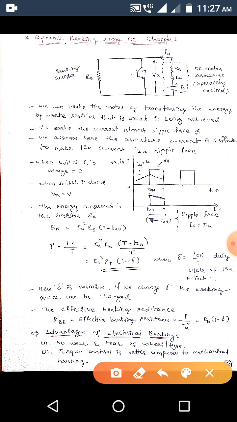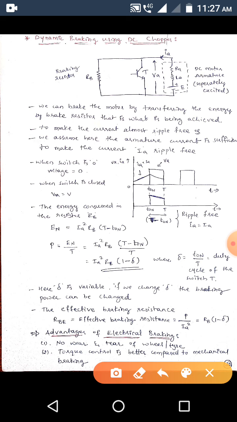It means we need to stop the voltage across the armature winding by transferring the energy. So if we brake the armature winding, what are we going to achieve here?